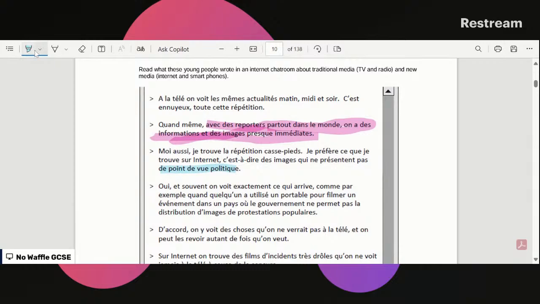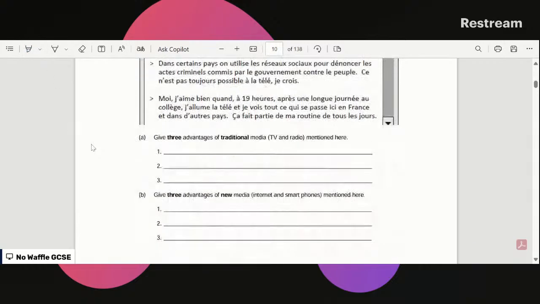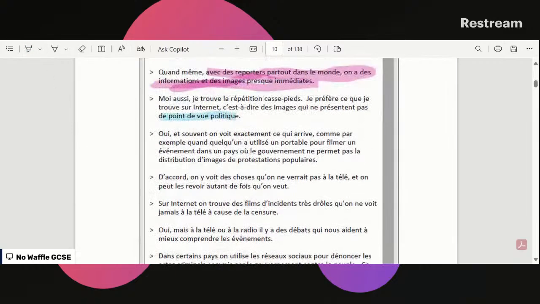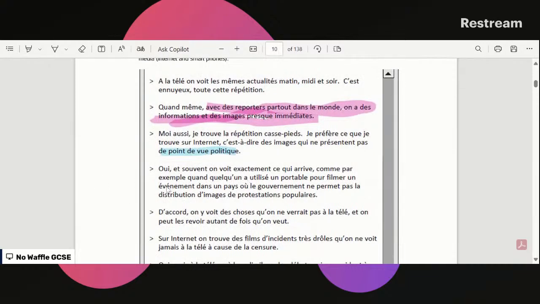Okay. So we're giving advantages on traditional media, so that's not really talking too much about that. That's new, modern. Oui, et souvent, on voit exactement ce qui arrive. So we see exactly what is true. Comme par exemple, comme quelqu'un.